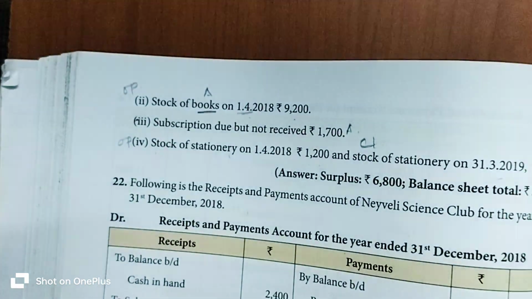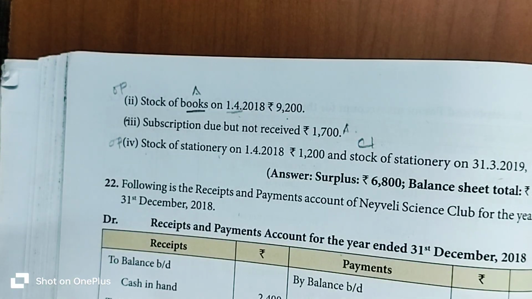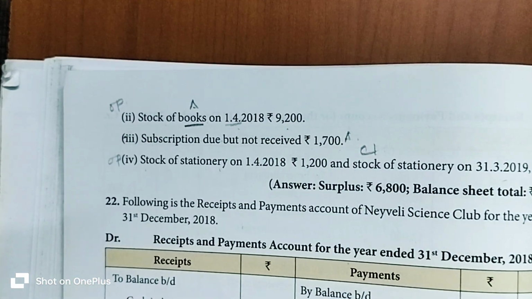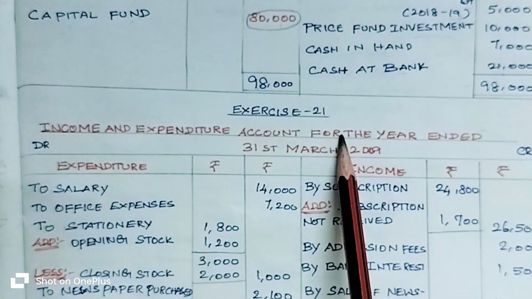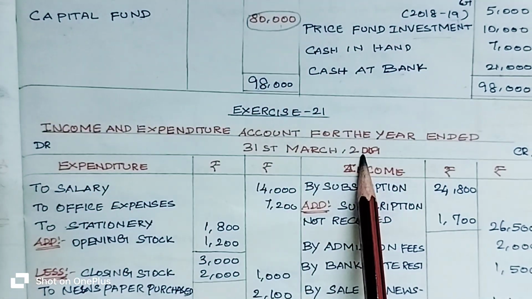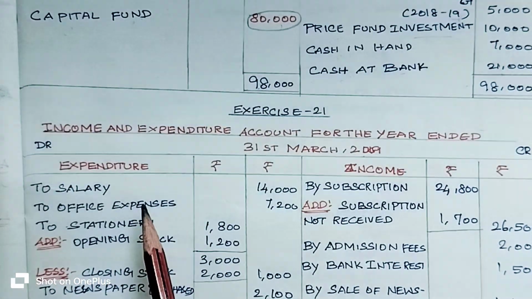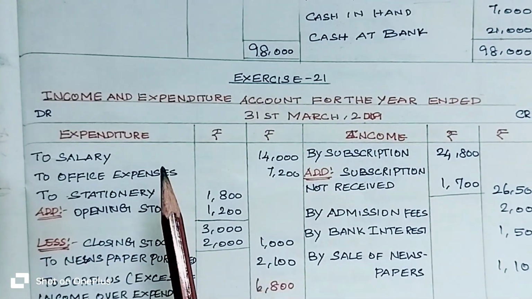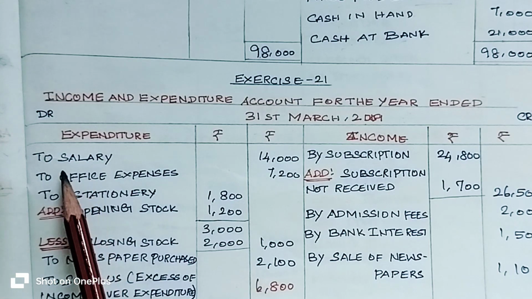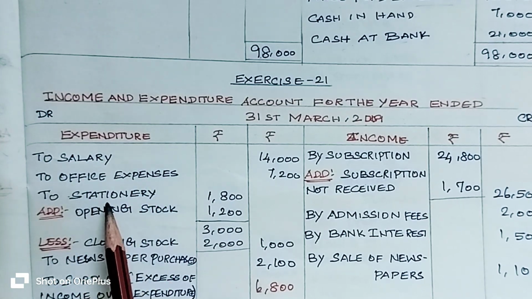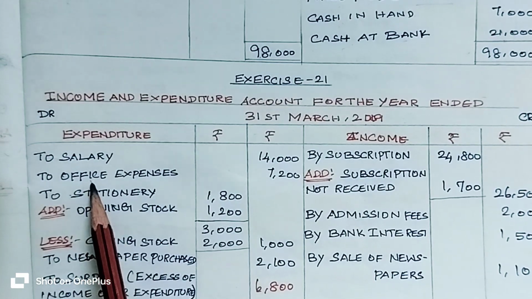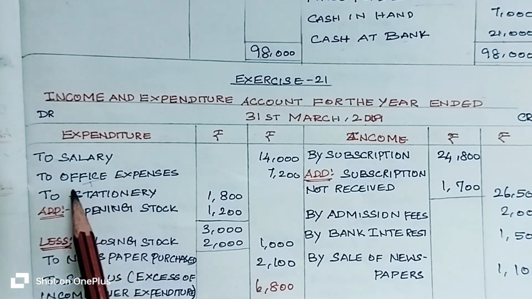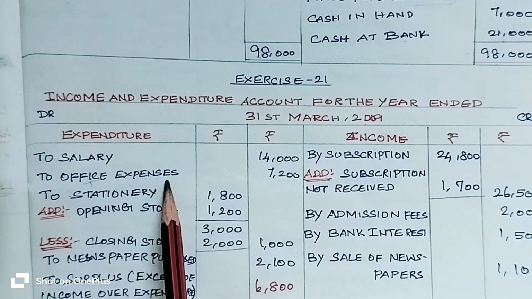Okay. Now we are going to prepare the income and expenditure account and balance sheet. First we have to write the heading, that is, income and expenditure account for the year ended 31st March 2019. We already marked in the question the items that will appear on the expenditure side, that is, salary and office expenditure, and we have the format. Okay, so the heading is 'to stationery item consumed'.